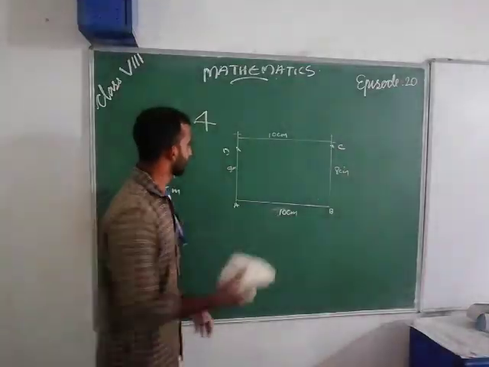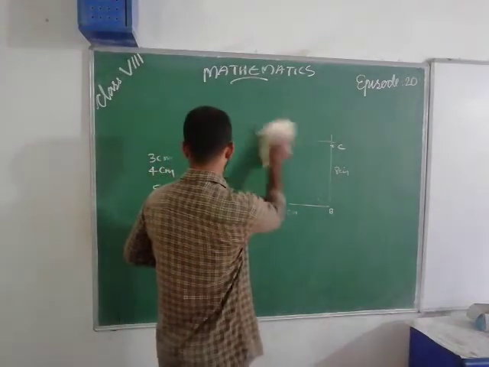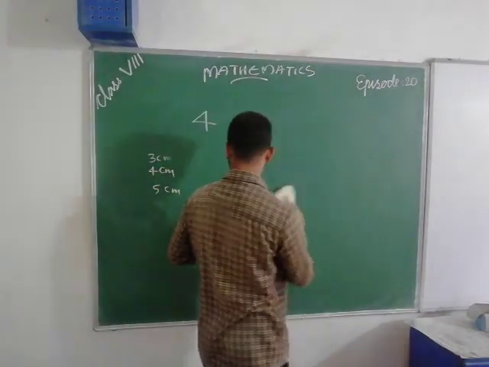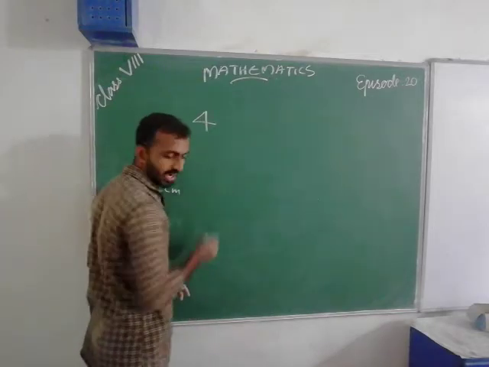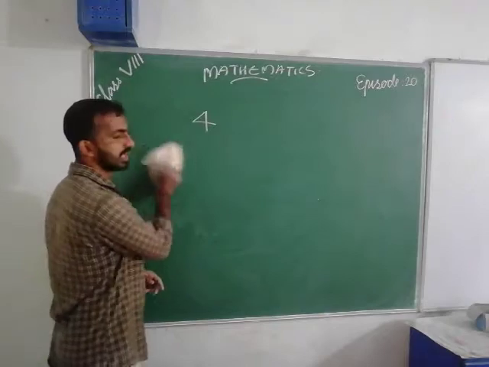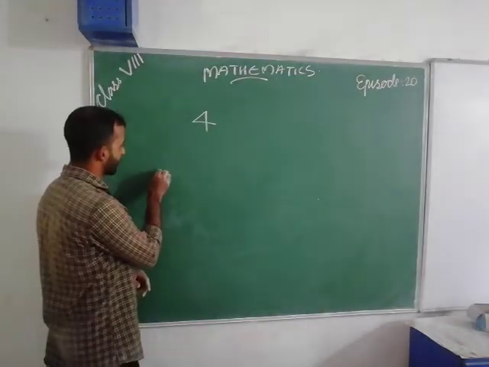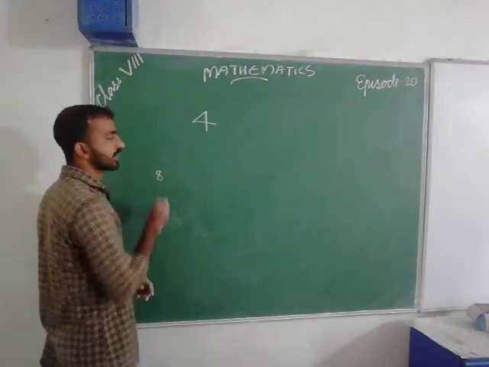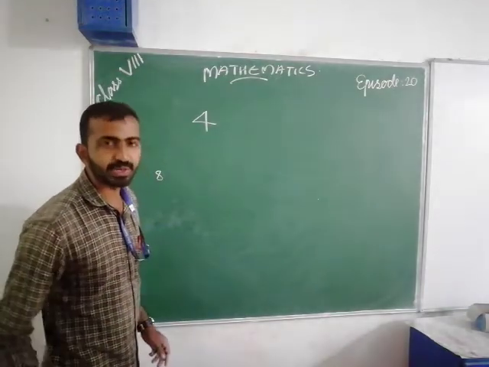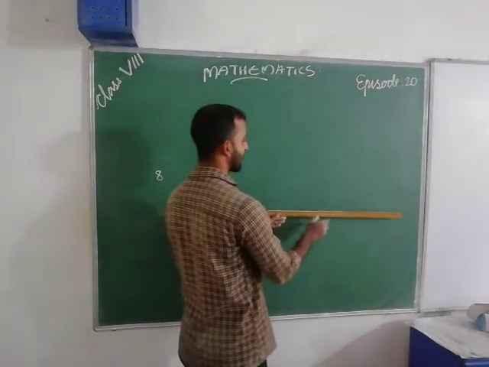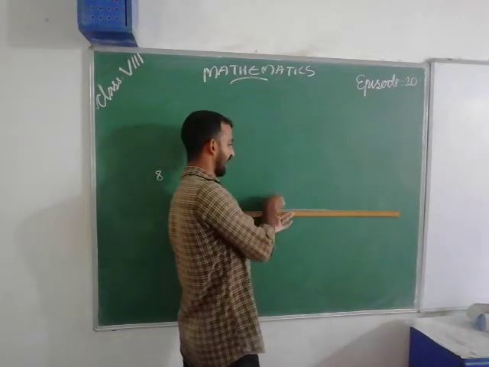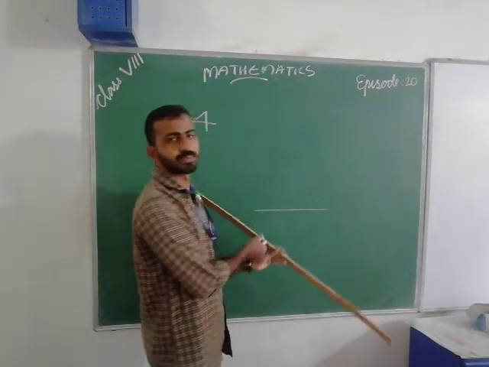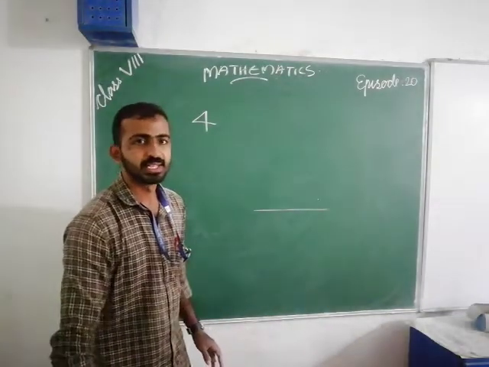Here the square length is 8 centimeter. We take the scale and draw a line with 8 centimeter. Is it? Yes.